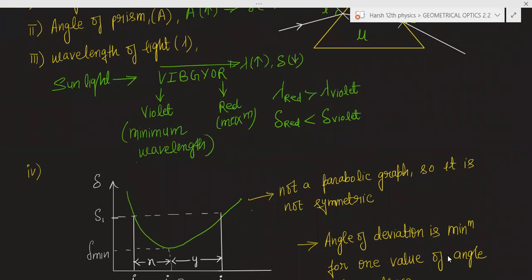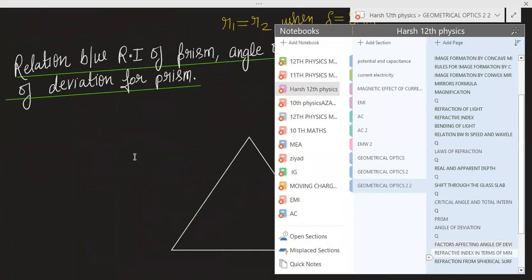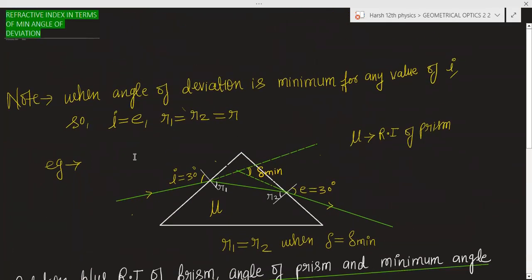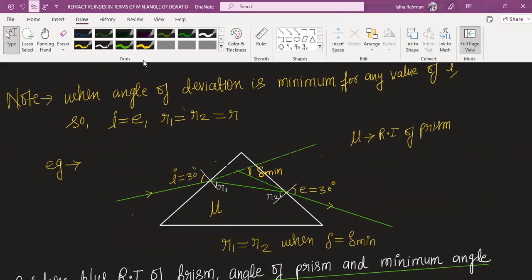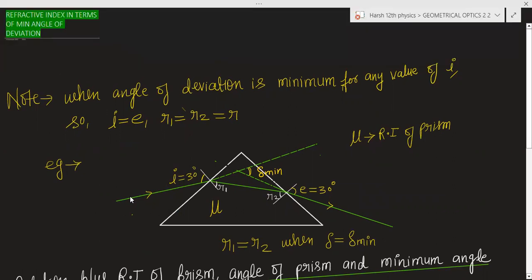After that, we have this problem: refractive index in terms of the minimum angle of deviation. Suppose this is a prism and this is a ray of light making an angle of 30 degrees with the normal.